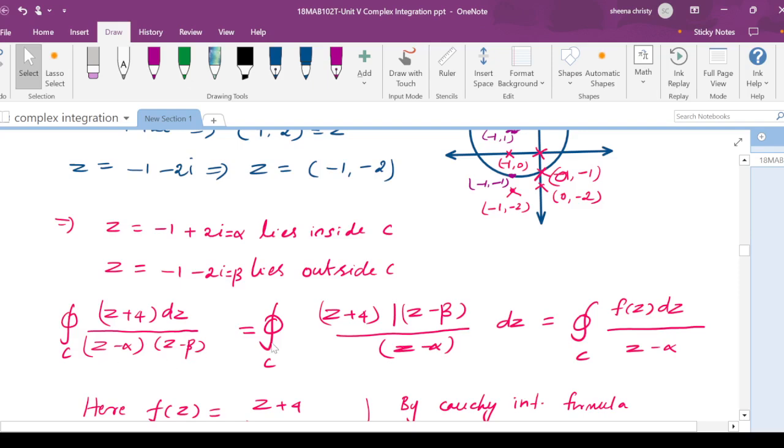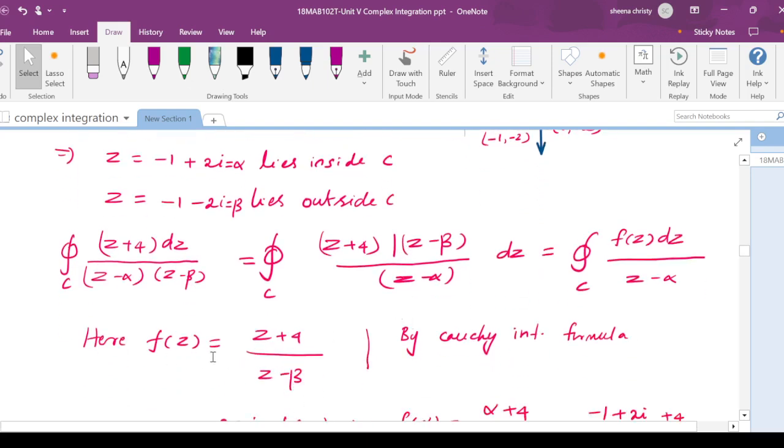By making use of Cauchy's integral formula, the point which lies inside the contour only we keep in the denominator. The other terms we combine with the numerator. So the numerator z + 4, clubbed with z - beta from the denominator, gives f(z) = (z + 4)/(z - beta).